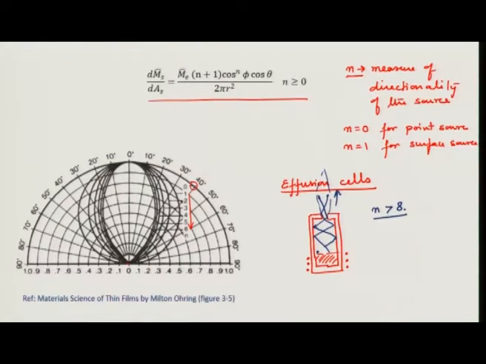Sometimes you do not want to waste the material and you want to direct it towards a specific region where you have kept your substrate. So, you can adjust your n by designing the effusion cell. So, this is about how the mass is going to deposit per unit area.